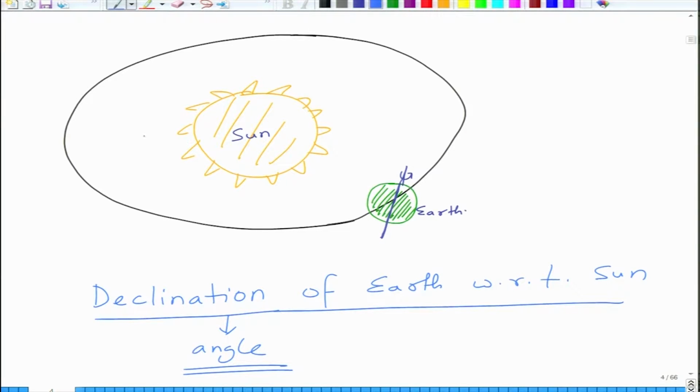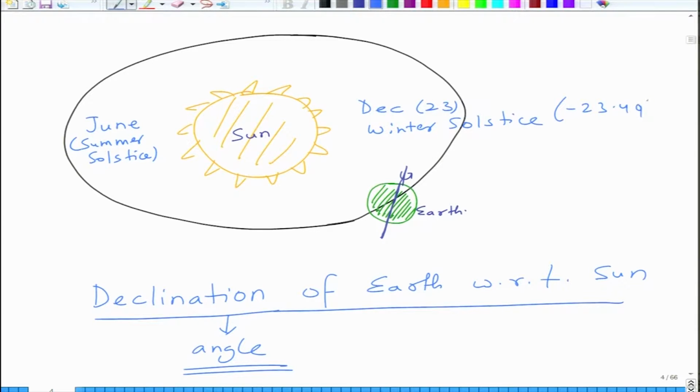So, around this point you have, let us say, this is June and this is December. Around December 23 you have the winter solstice, okay. In June you have the summer solstice. What it means is that the declination angle is minimum, that is, it goes through a value of minus 23.49 degrees in winter.